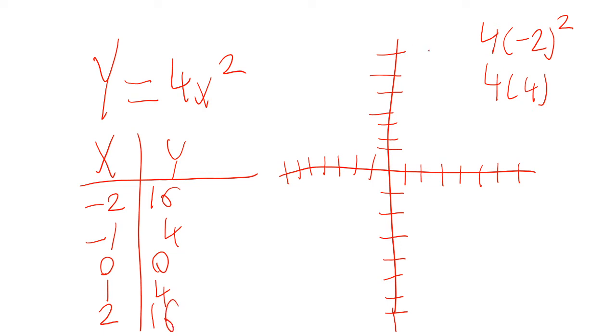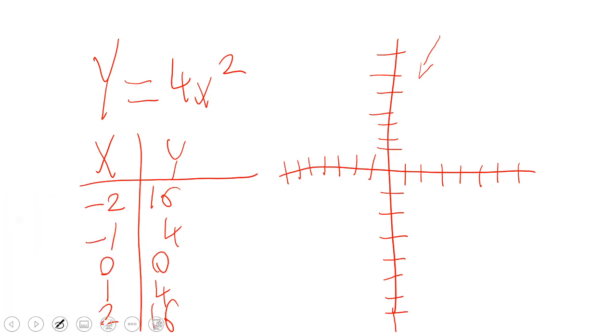So we're going to have this as our axis of symmetry. And we know that the vertex is going to be the origin over here. So now we can just start plugging them in. When x is -2, y is 16.